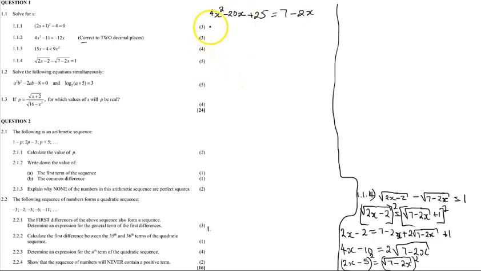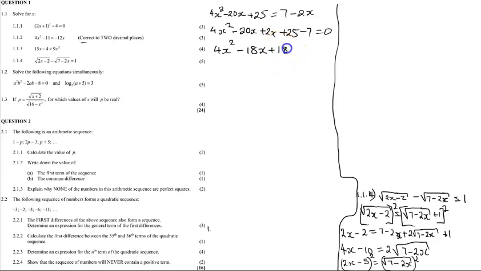And then we take these to the other side, and then we've got 4x squared minus 20x plus 2x plus 25 minus 7 equals 0. Then it's 4x squared minus 18x plus the 25 minus 7 gives us 18.